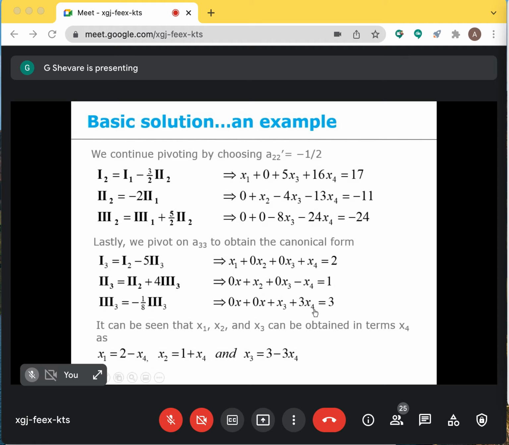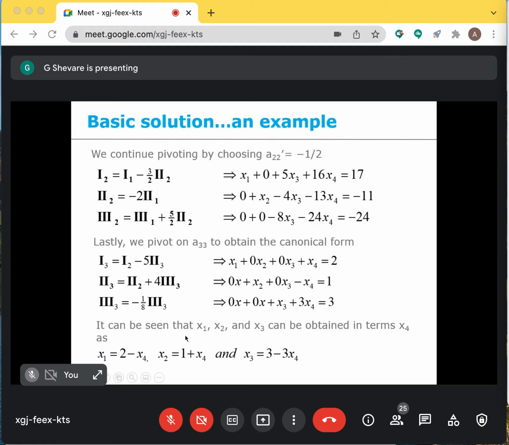So that becomes my basic feasible solution. In a basic feasible solution, the non-pivotal variables are set to 0. So I am going to put x4 equal to 0 all through, and then the solution will become x1 equal to 2, x2 equal to 1, and x3 equal to 3. So that is what is written here.